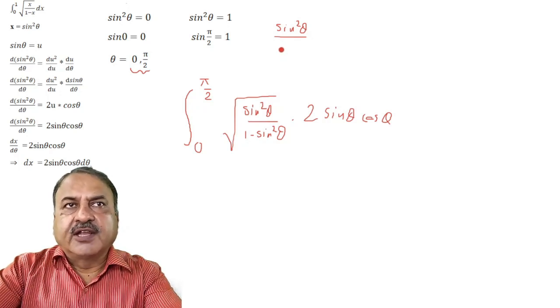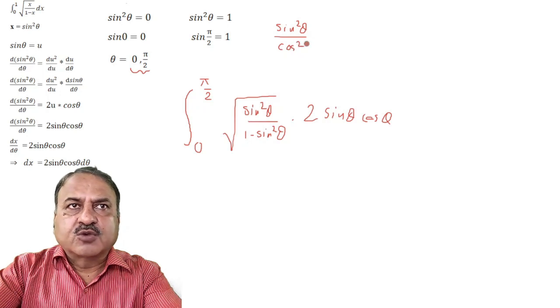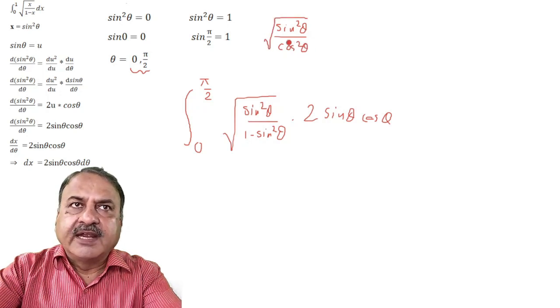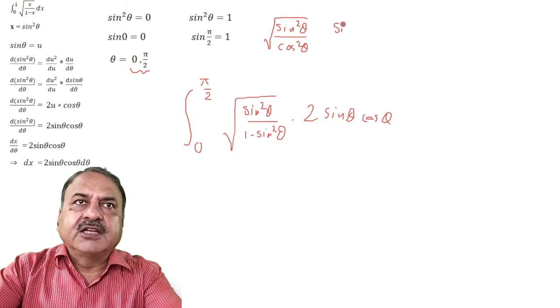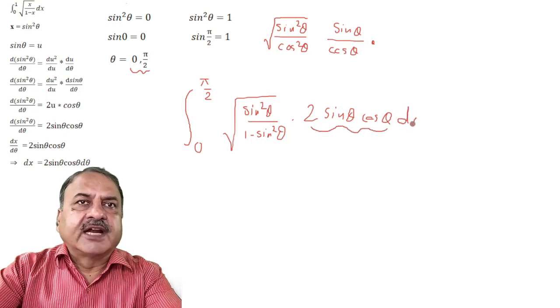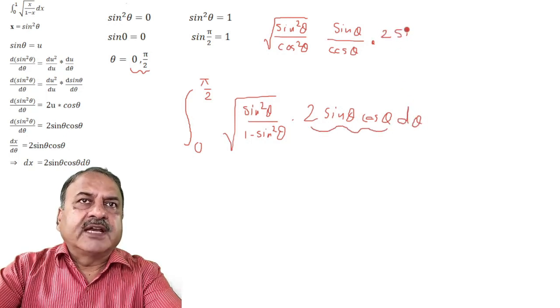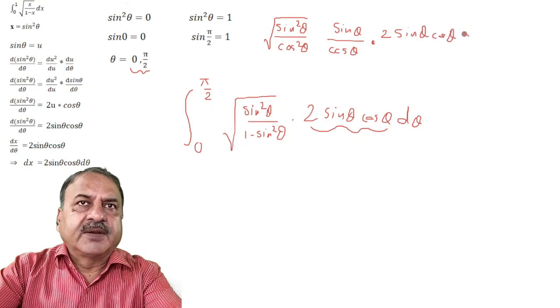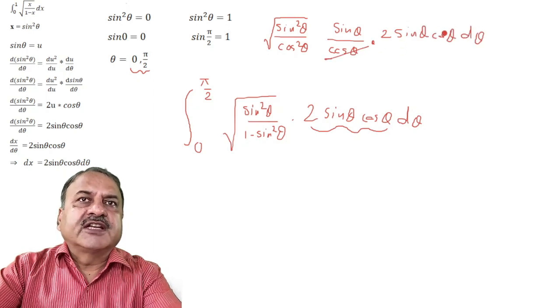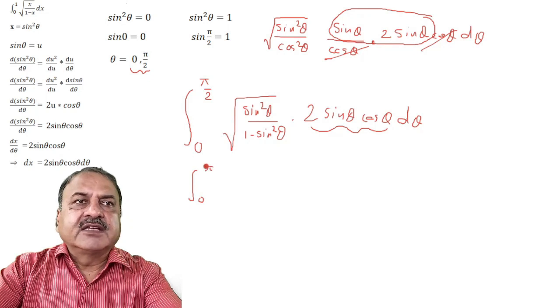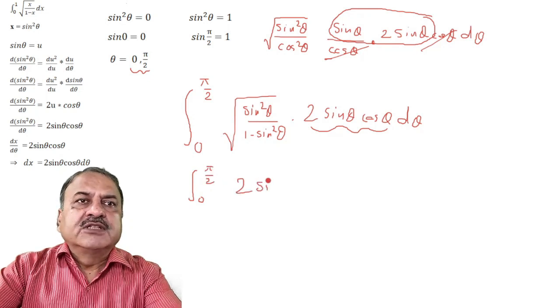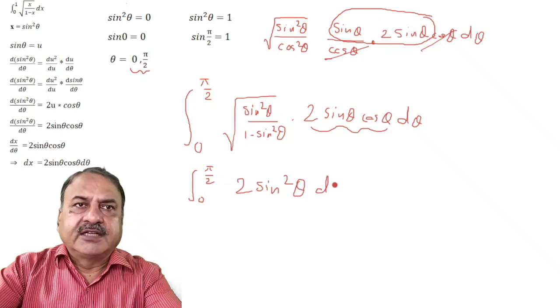This is a Pythagorean identity. So cos square theta, but we have it under root, it means we have sine theta divided by cos theta into 2 sine theta cos theta d theta. It means cos theta gets cancelled and we are left with 2 sine square theta. We can write 0 to pi by 2, 2 sine square theta d theta.